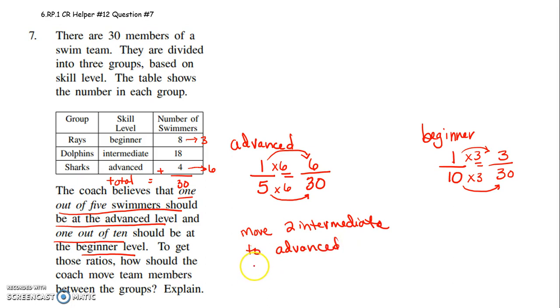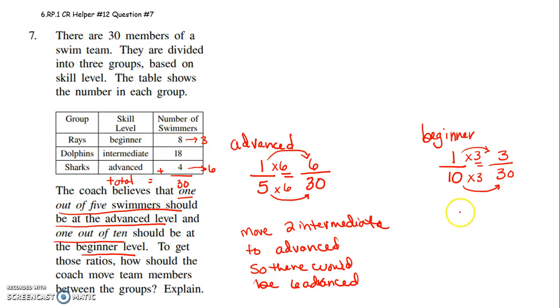So he'd have, or she would have 4 advanced. 4 plus 2, 6 advanced. So there would be 6 advanced, because that's how many you want out of 30 to be advanced. And now for the beginners, there should only be 3 beginners.